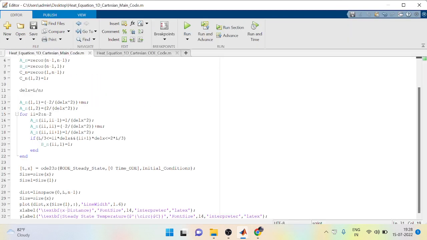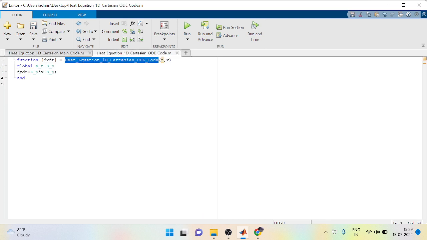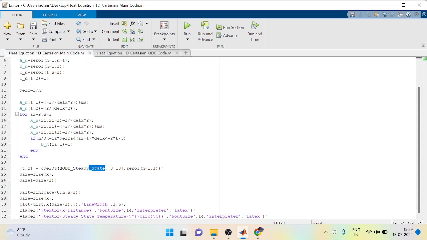Okay. I have to first fix this to 10 seconds. Zeros. These are the initial conditions. And place this with this. This has to work.